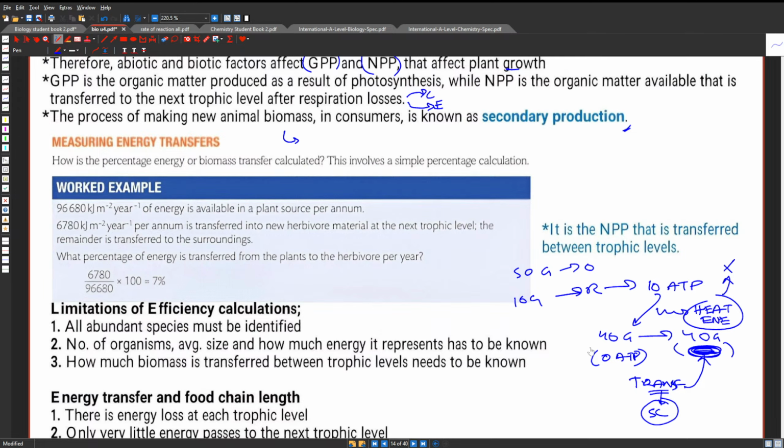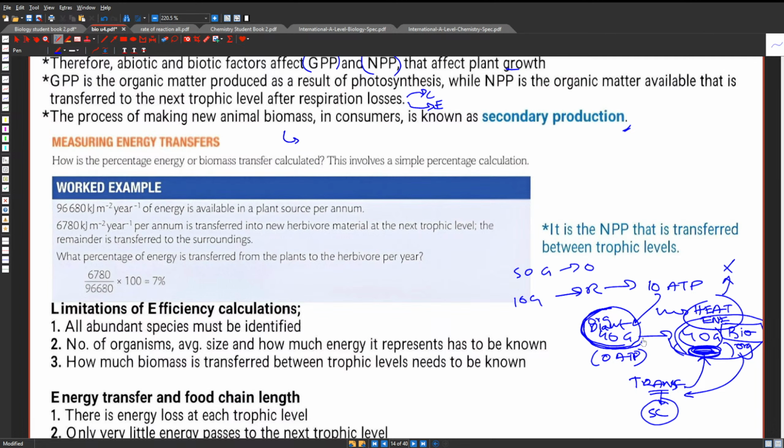That's essentially what's going on here in secondary production, where they're turning the 40 grams of organics from the plant into 40 grams of biomass of their own tissue that is edible, that is also organic, and that's transferable to the higher trophic level. So it's turning the organics you got from the plant into your biomass.